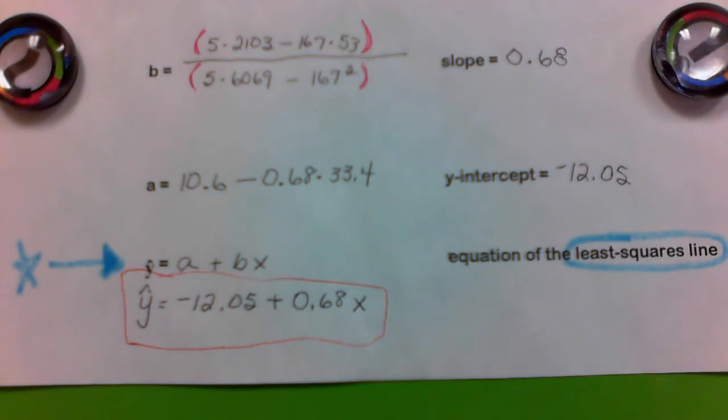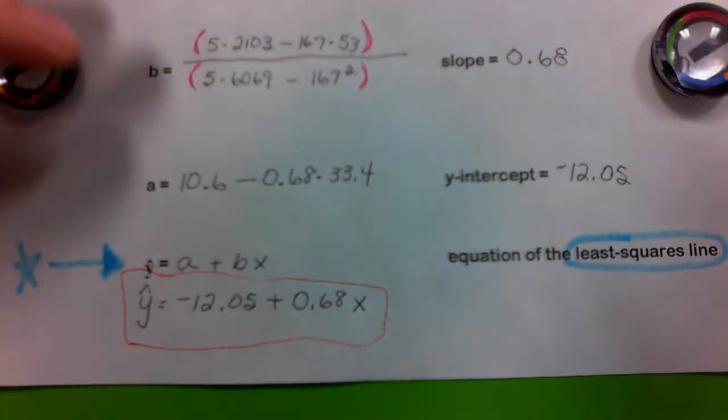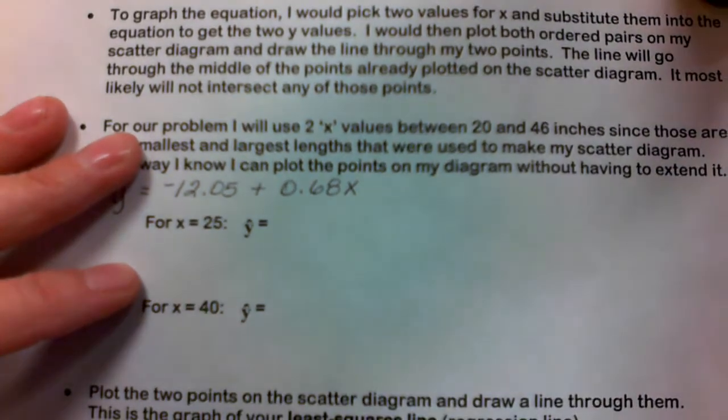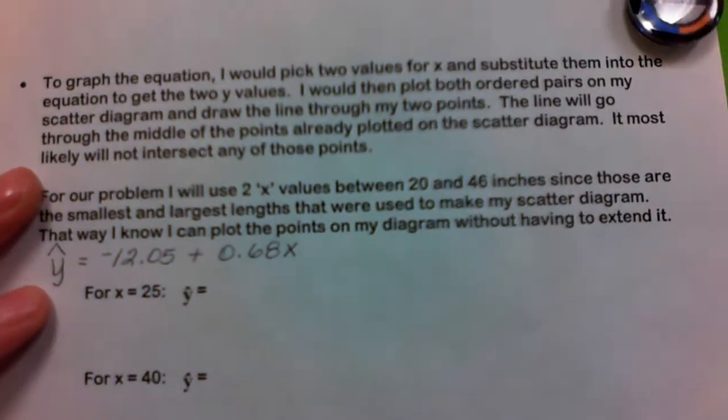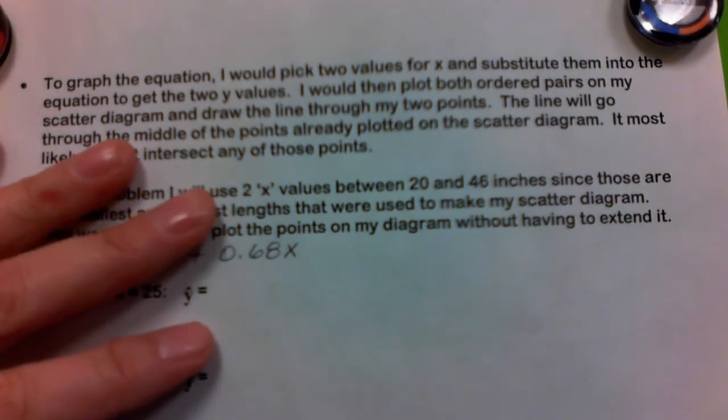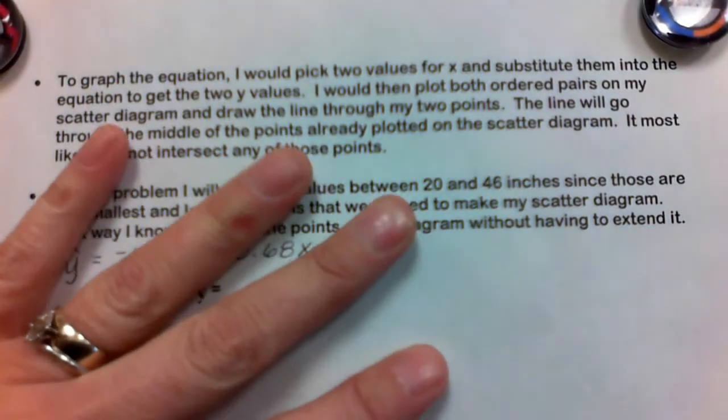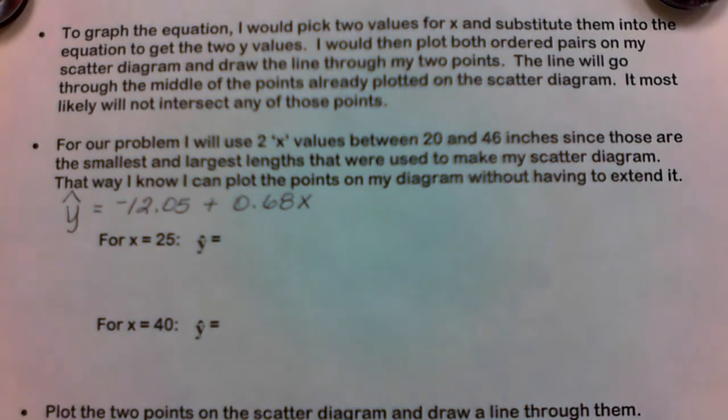Because as we move to the next page, we are going to use this formula. Now, to find the least squares line or the line of best fit, how do you graph a line? Well, if you have 2 points, you connect them and you have a line. So in order to graph a line, all we need is 2 points.